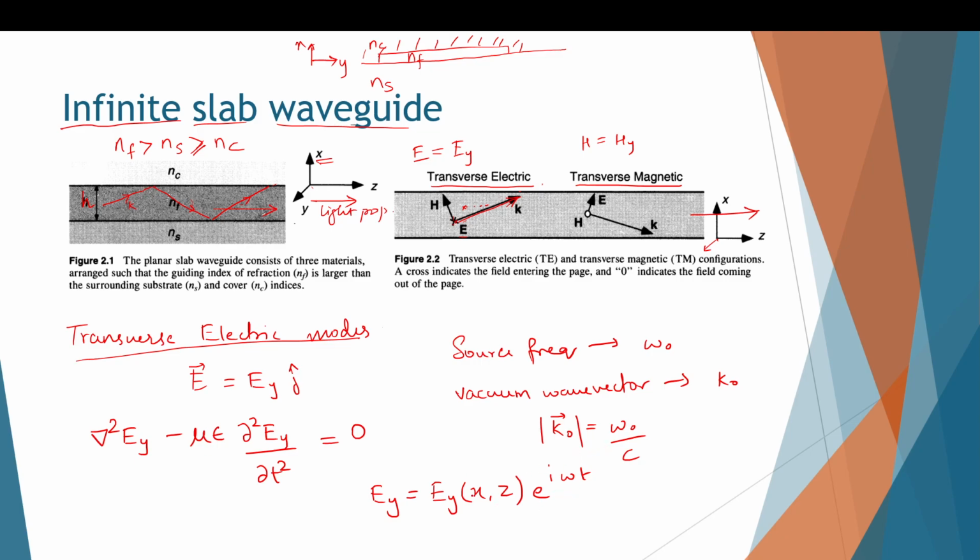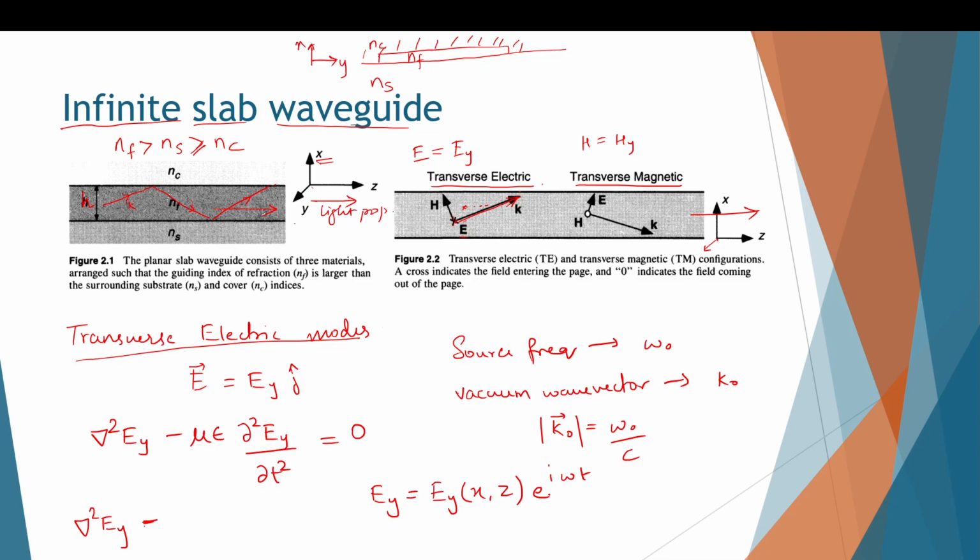If I just substitute this into this, then what will I have? I'm not substituting for this part, so this part I'll leave as it is. Minus, I just want to simplify the dou square EY by dou t square part.